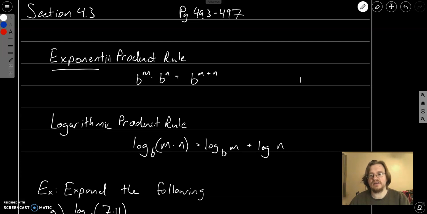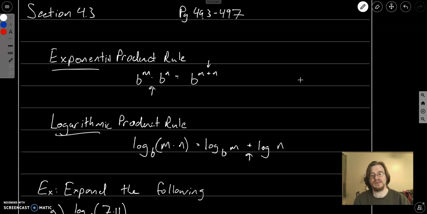And exponential functions and logarithmic functions are inverses of one another, so we expect something very similar to pop out of logarithms. If we take the logarithm of two numbers that are being multiplied together, we end up adding the logarithms.